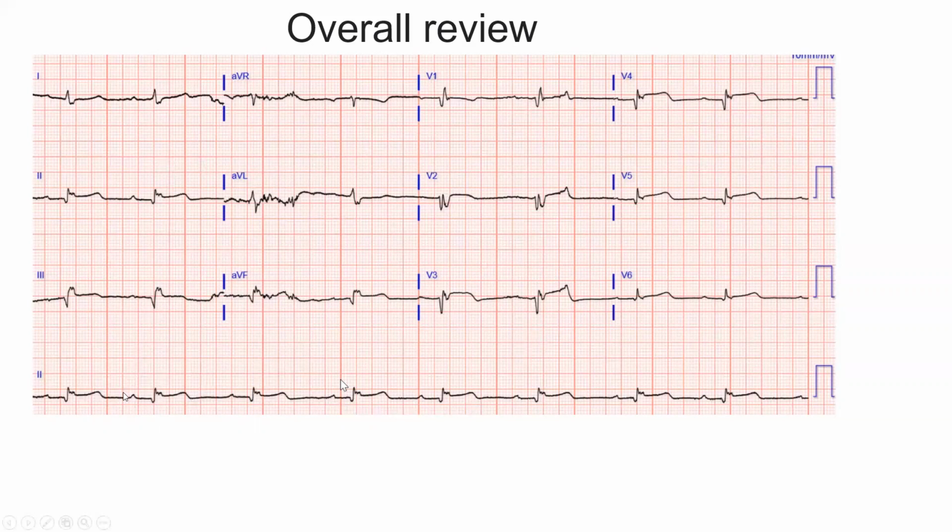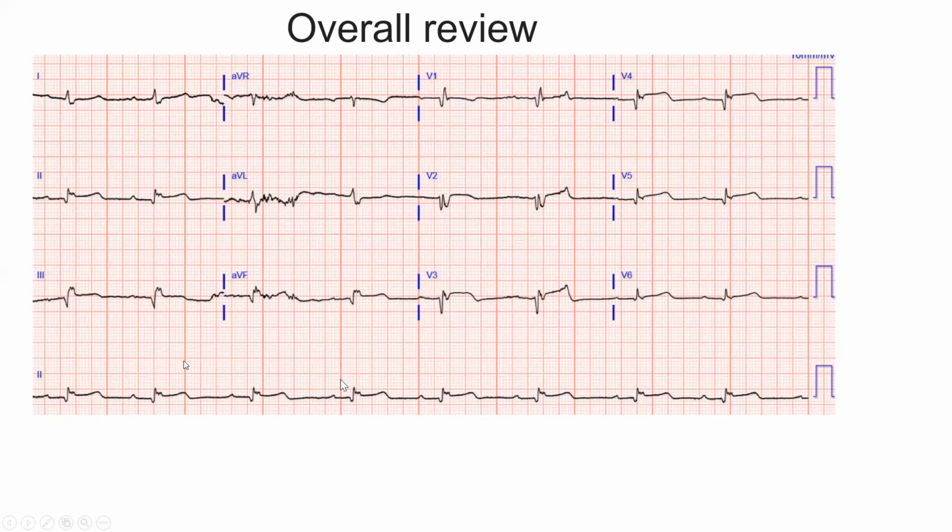There are more than 5 big squares between the R intervals, which means the heart rate is lower than 60 beats per minute, since 5 big squares equal 60 beats per minute. So this patient definitely has a bradycardia, and the sign is a sinus bradycardia.